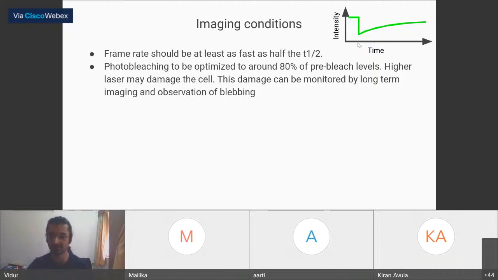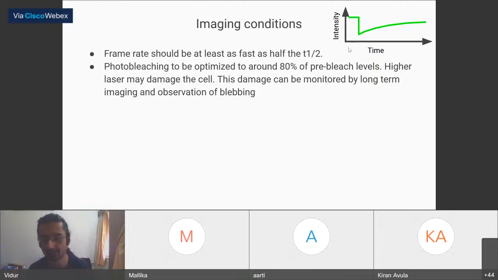Let's say if you do 100% photo bleaching, the caveat is that the cell you're interested in is undergoing a lot of stress because of the high intensity of light being exposed to it. No matter what lasers you use, there will be a certain amount of heat generated in the system, as well as reactive oxygen species, both of which can damage the cell.